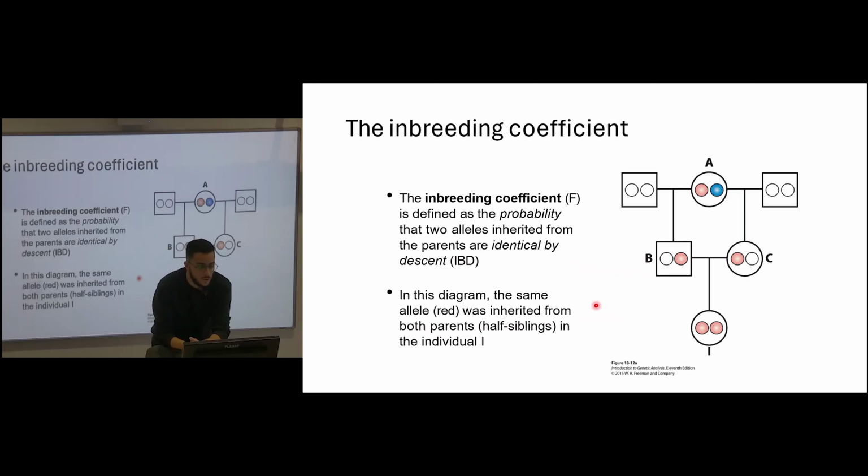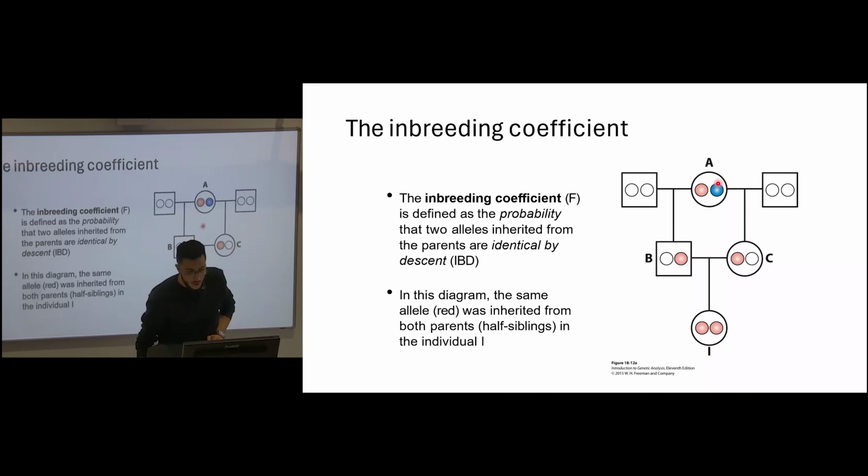Okay, so there's something called the inbreeding coefficient, which is defined as the probability that two alleles inherited from the parents are identical by descent. So what does this mean? If you look at this family right here, a really messed up family, but that's okay, you have these two fathers and this mother here that basically have children together, and so you end up having half brothers and sisters.